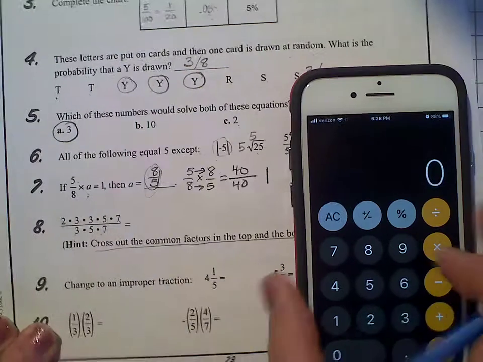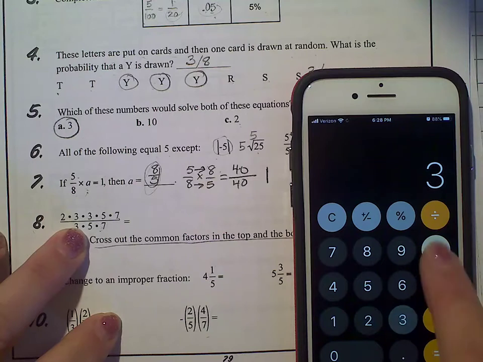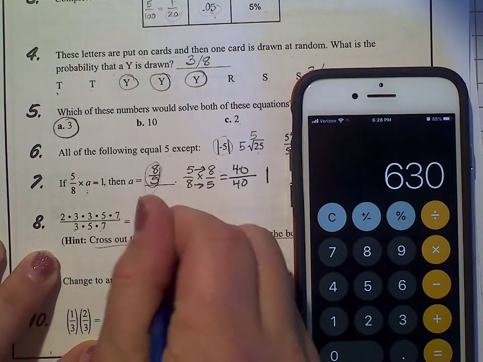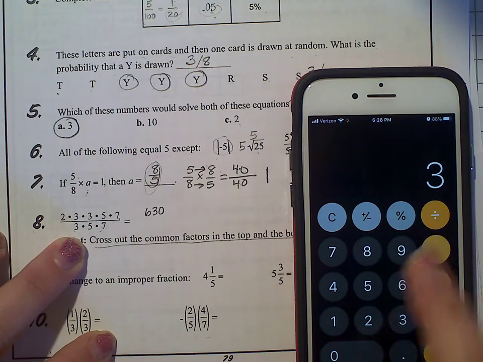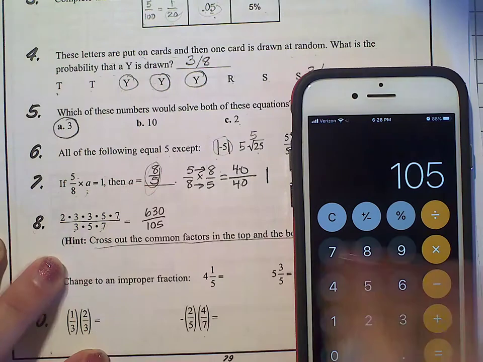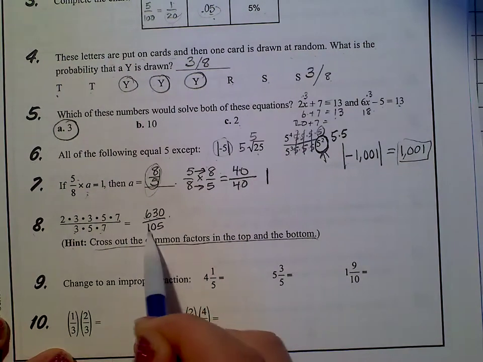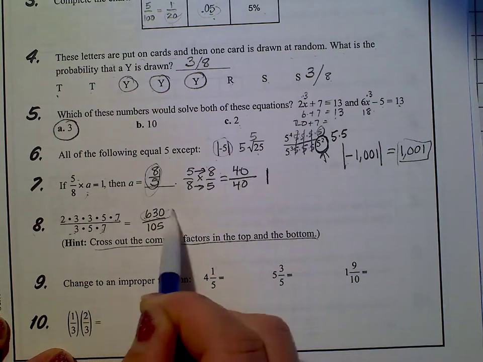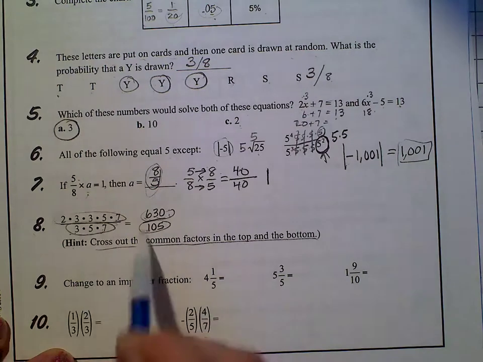We have 2 times 3 times 3 times 5 times 7 equals 630. 3 times 5 times 7 equals 105. So if you were to do the prime factorizations of these numbers, 630 and 105, you would get these numbers. These numbers make up all of these numbers.